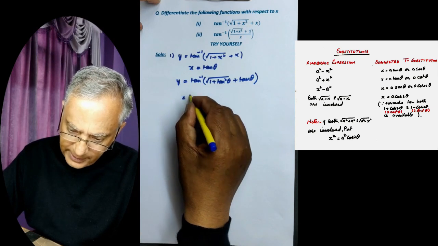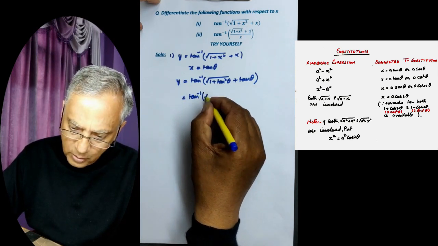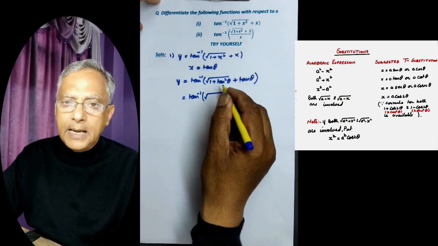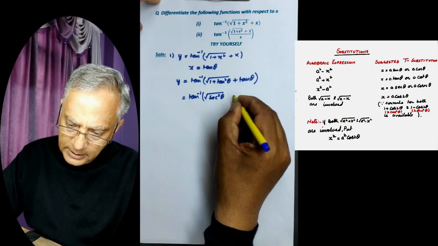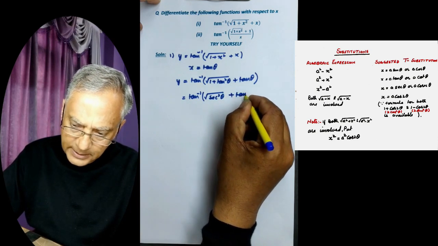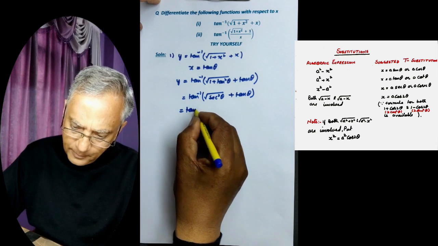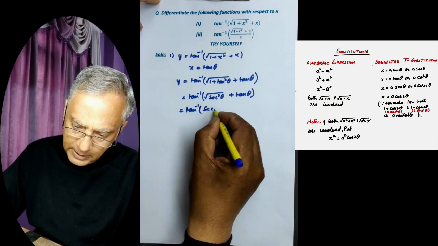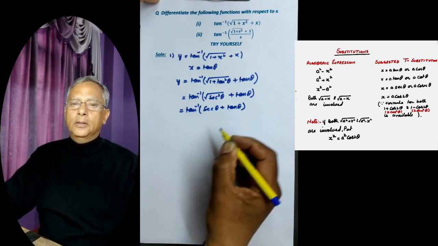And 1 plus tan square is secant square theta. That is tan inverse of secant theta plus tangent theta.